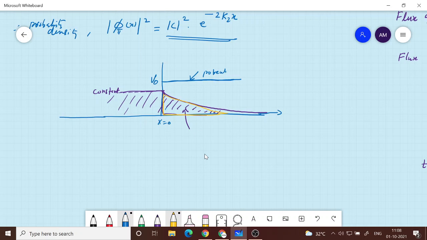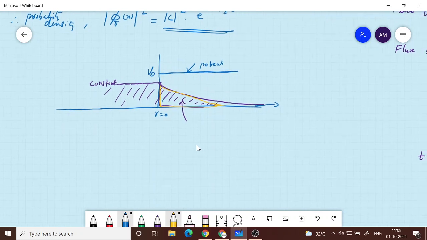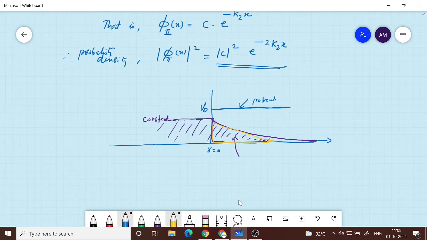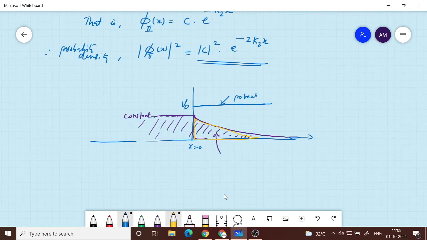This is called an evanescent tail or evanescent wave, and it is used for things like making fiber optic sensors. It is the same principle. Here we are taking a matter particle that is incident on the barrier. Okay, so that's all for this particular problem.